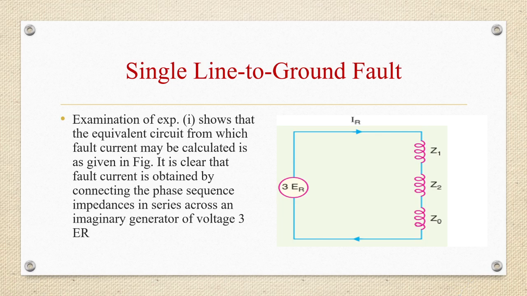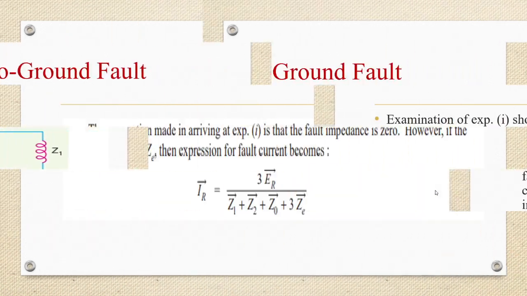Examination of this first expression shows that the equivalent circuit from which the fault current may be calculated is given in the figure. From this figure we can see that the fault current is obtained by connecting the phase sequence impedances Z1, Z2 and Z0 in series across an imaginary generator of voltage 3 ER, and IR is the current flowing in the circuit.